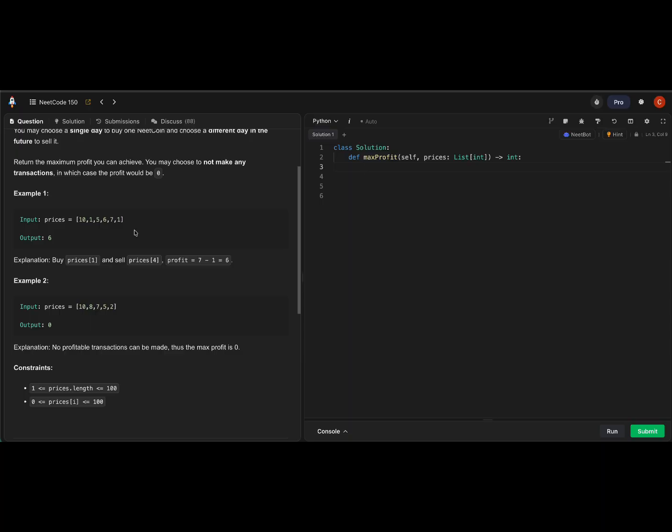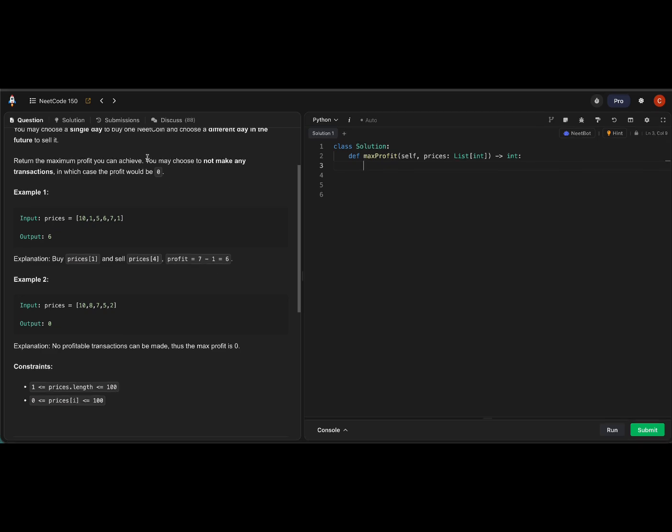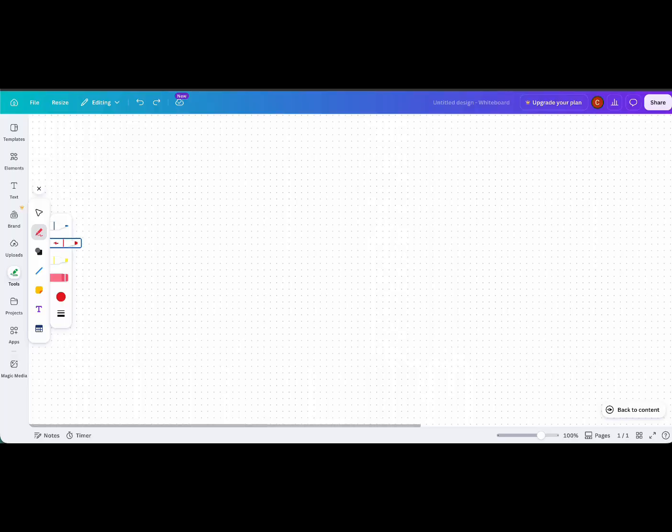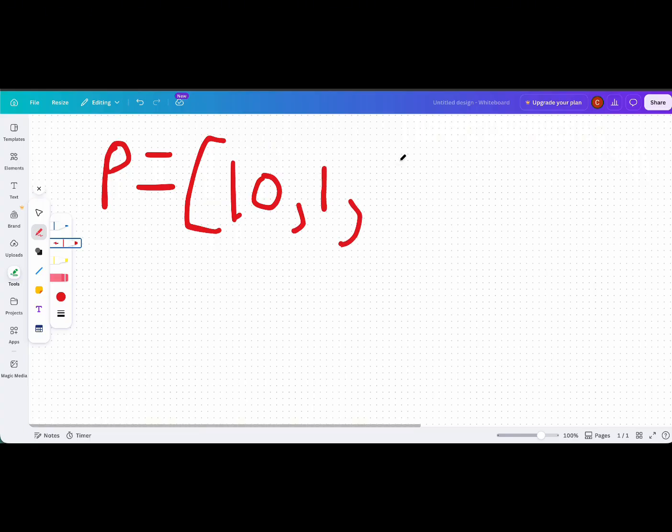Okay. Buy prices[1] and sell prices[4], profit 7 minus 1 equals 6. Okay, I'm going to try drawing this one out. So if we have prices, and then we have, let's see, 10, 1, 5, 3, 7.